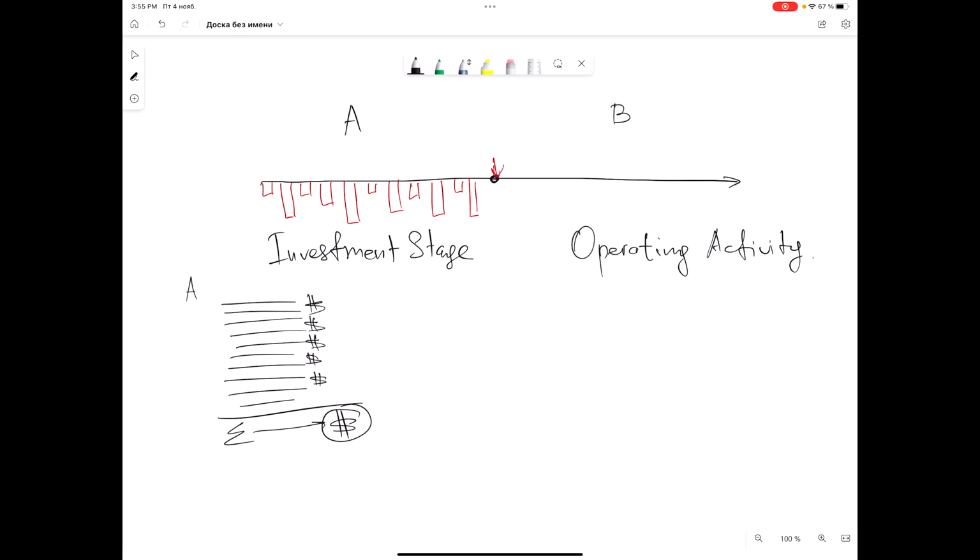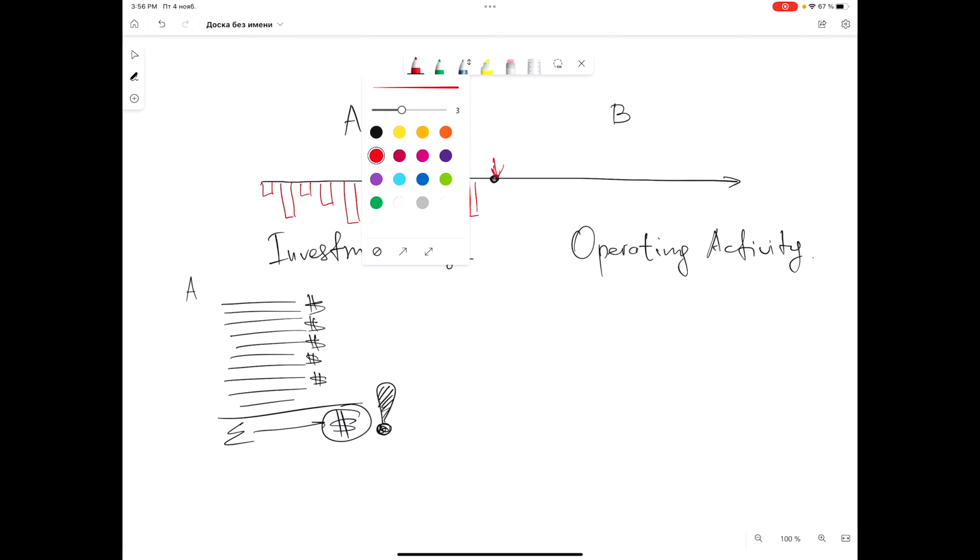And you will be quite surprised about this value, because when you just think of your business idea without making notes, you sufficiently underestimate the amount of these expenses that you are handling during the investment stage.